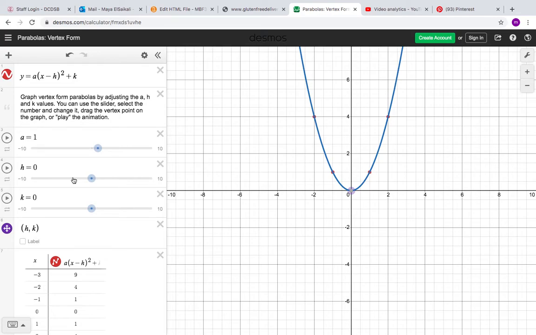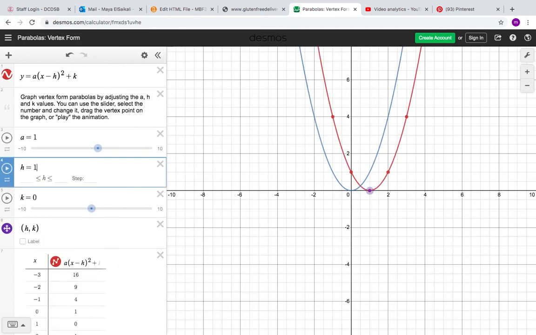Now this is my original function, y equals x squared. It has a vertex of 0, 0, as you can see here. It's opening upward. Beautiful. Now, if I move the h over and add 1 to the h, so let's make the h 1. What do you notice here when the h is 1? Where is the red graph now?